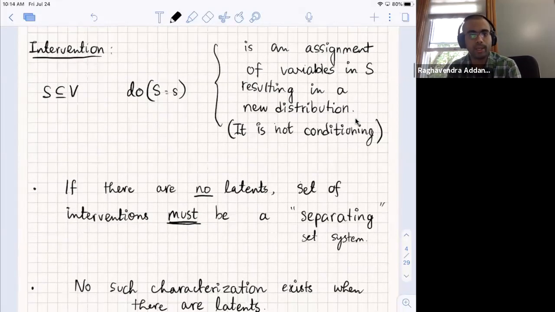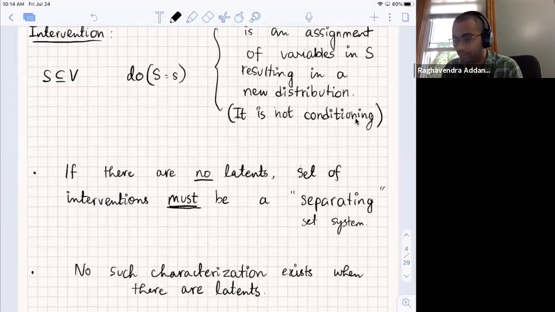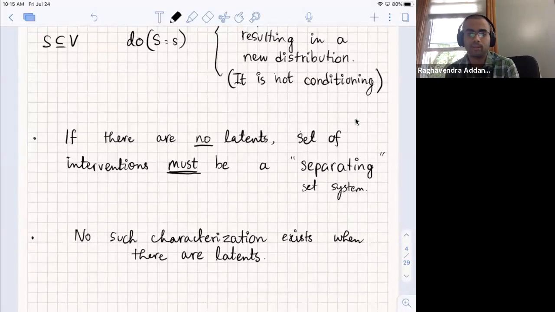So if there are no latents, the set of interventions that are needed to recover G must be a separating set system. I'll describe that later, but there is a very well-known characterization for this using combinatorial objects called separating set systems. But no such characterization exists when there are latents.